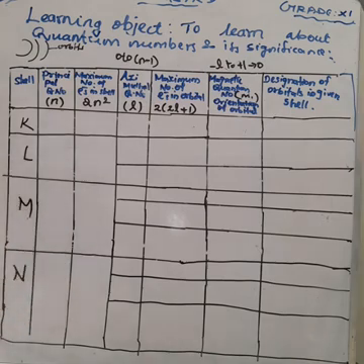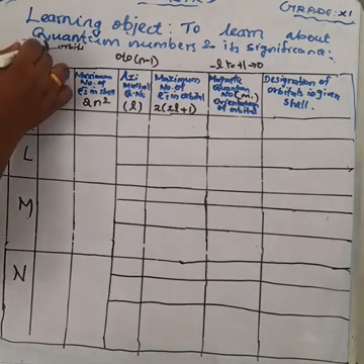In the azimuthal quantum number we study how the shells are subdivided into subshells, the shells within the shells.